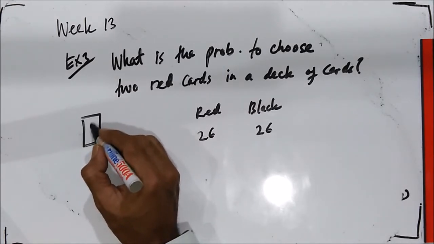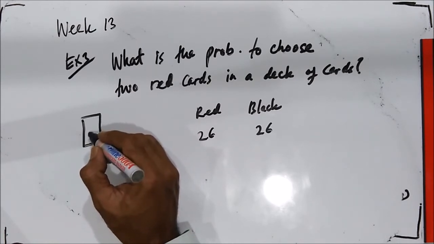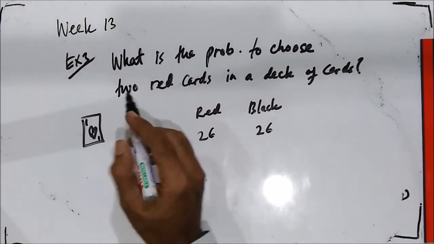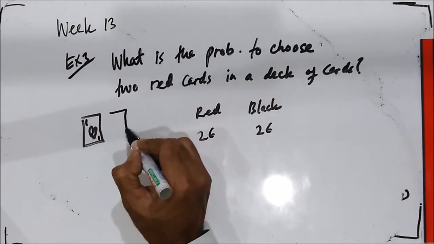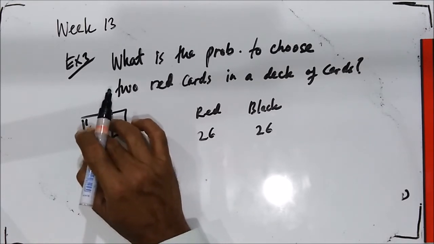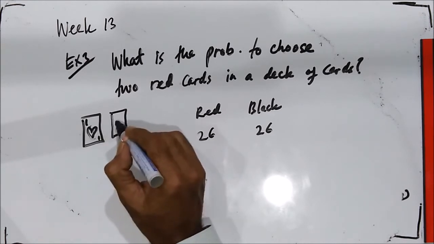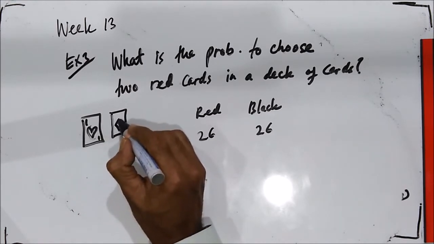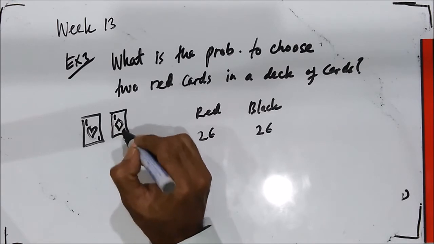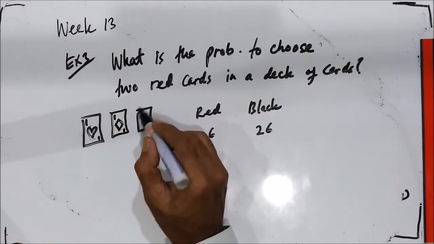So first one is we have diamond. So here is number 1, example. Then you have a heart. Here is a heart, and then you have a diamond. Then you have a club.